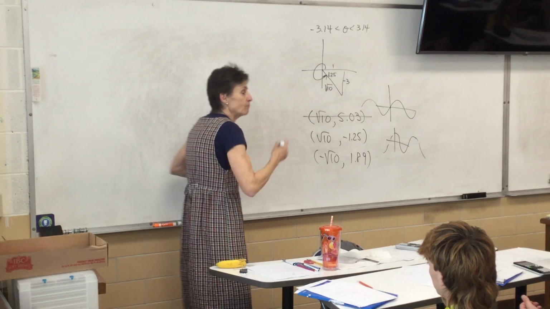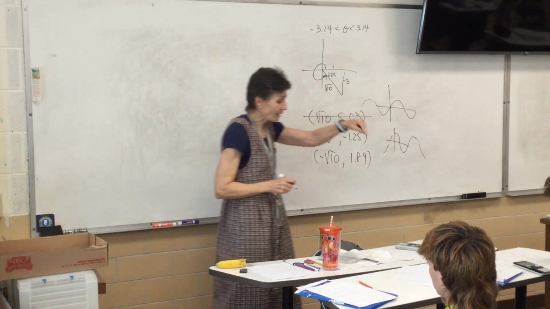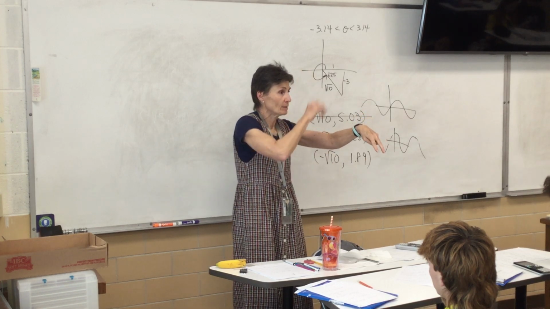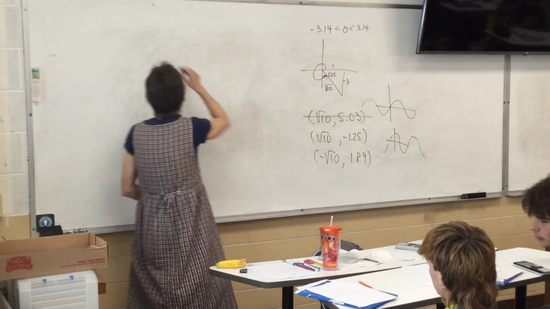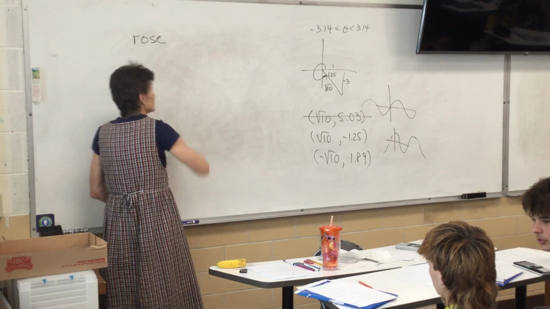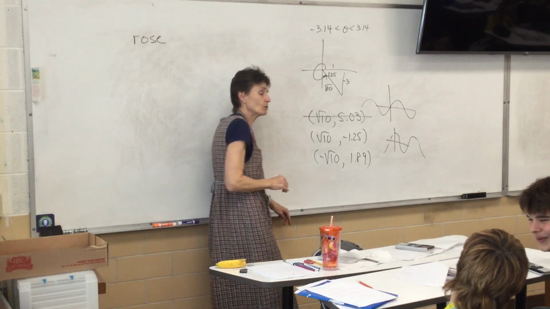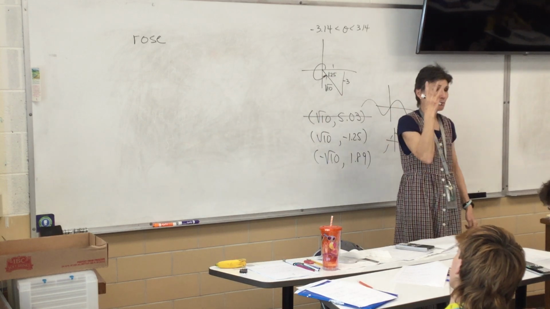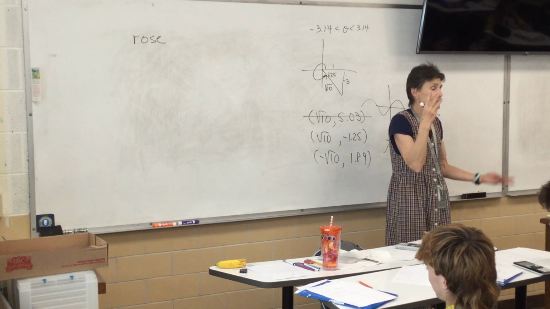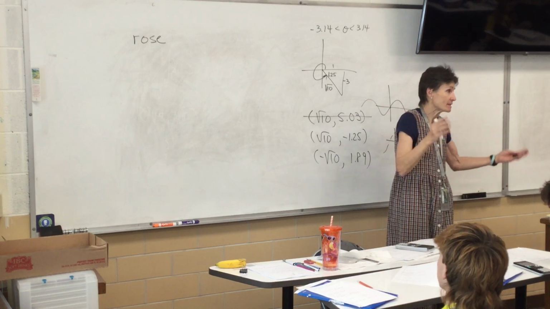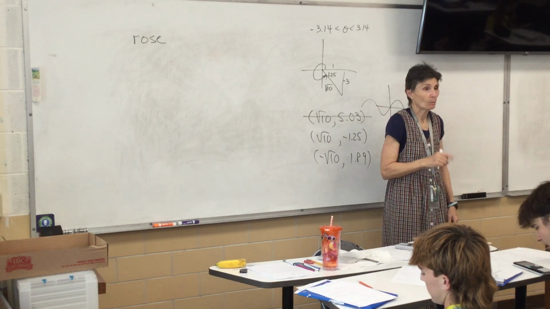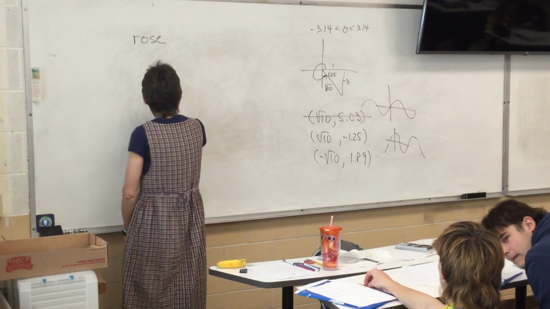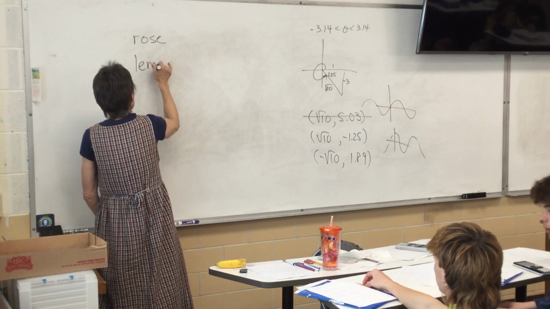So the 4 classical curves actually include the one you just graphed. Those last 2 that had the 3 little loopy things on them, that's called a rose. So one of the classical curves is a rose. Now the ones that we looked at have 3 leaves, but a rose can have 4, 5, 6, 7, it can have lots of leaves. And we'll look at some of those. Another one of the classical curves is the lemniscate.